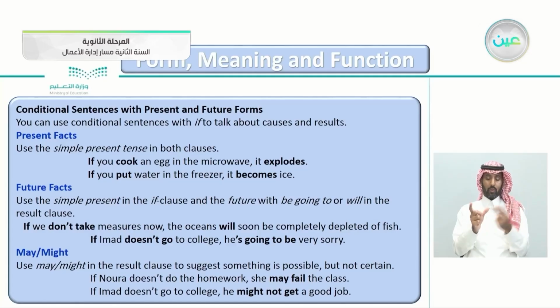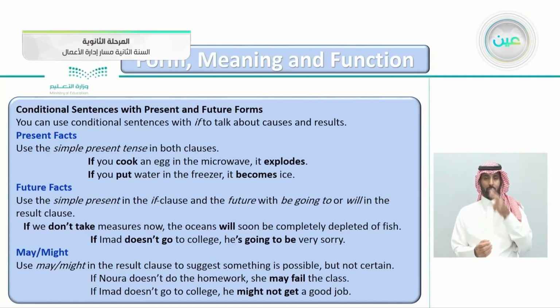What about if we talk about future facts? We use the simple present in the if clause and the future, be going to or will, in the result clause. Again, if we're talking about what will happen in the future, use the simple present in the if clause.